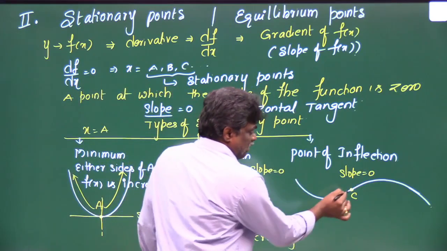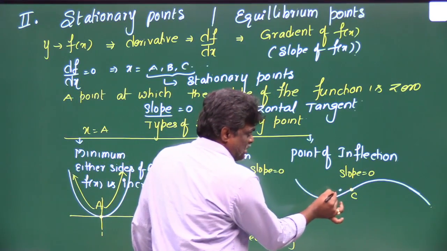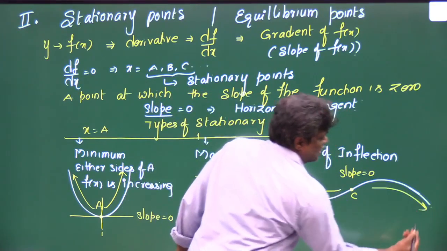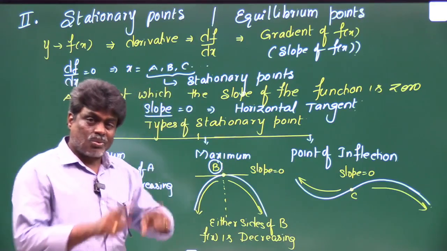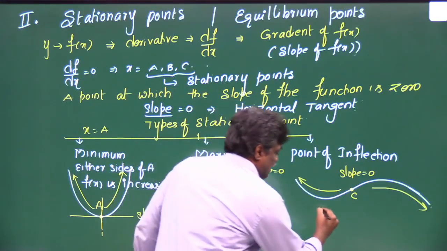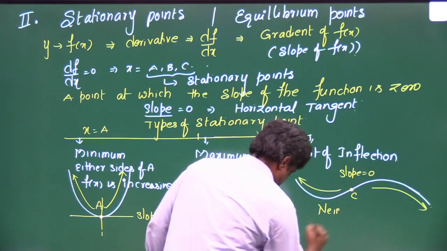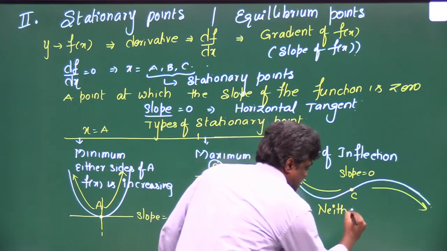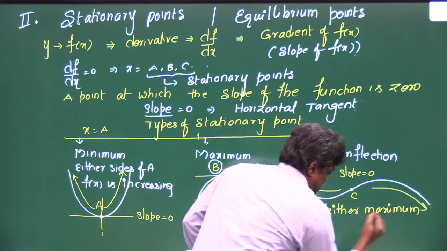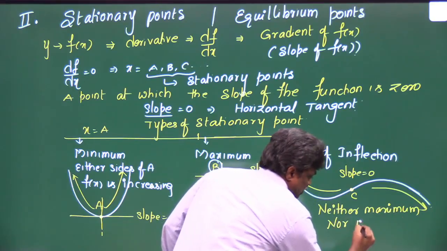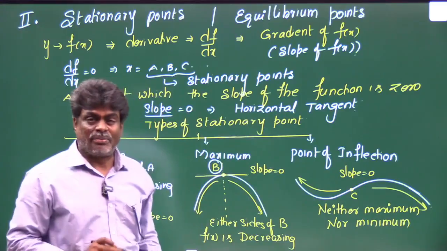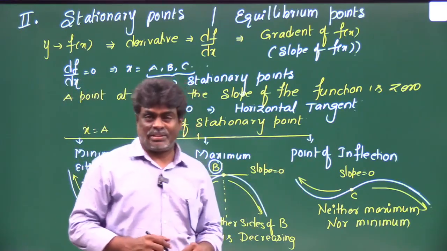If you see carefully, on one side of this point C the function value is increasing and on the other side it is decreasing. So we can say it is neither a maximum nor a minimum. Such a point we call a point of inflection.